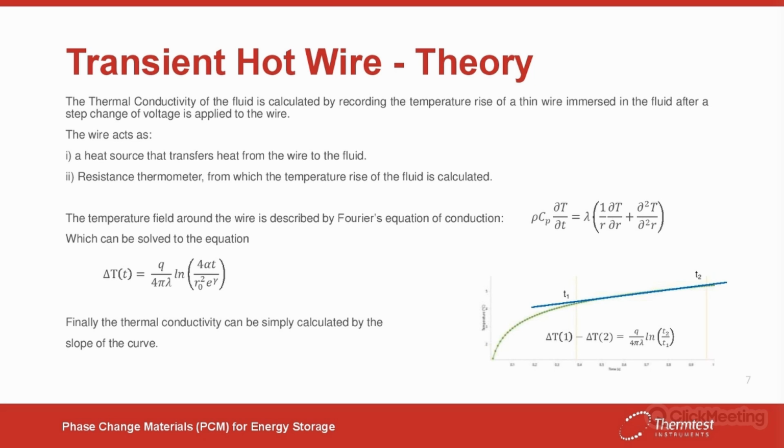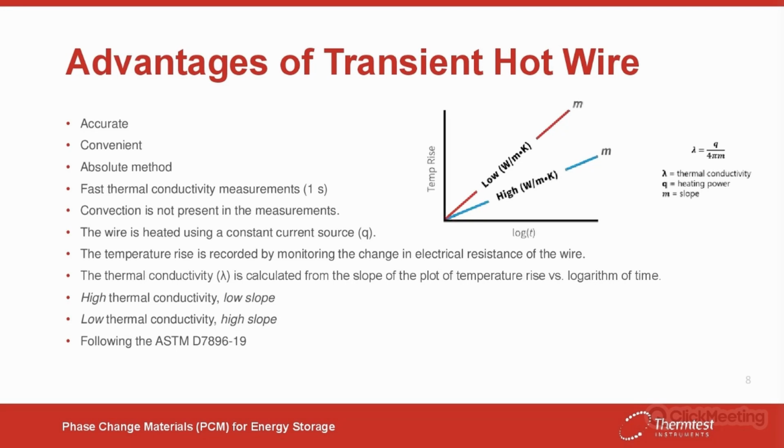Because a temperature field is applied around the wire, this can be described from the equation of conduction, which can be solved as the temperature rise of the fluid as a function of the logarithm of time. From the slope of this straight line, we can calculate the thermal conductivity of the fluid.